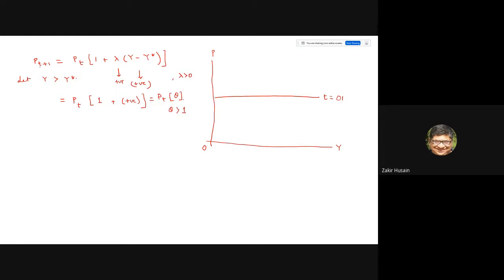What will be the relation between P(t+1) and P(t)? Let us suppose theta is 1.5 and P(t) is, let us say, 2. What will be P(t+1)? Greater than P(t). It will be 3.